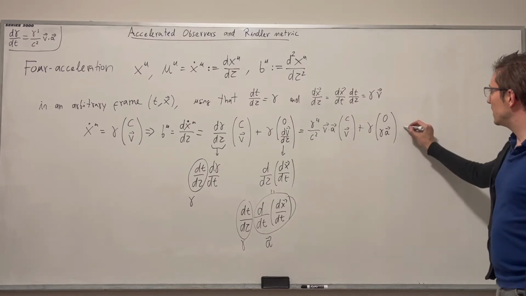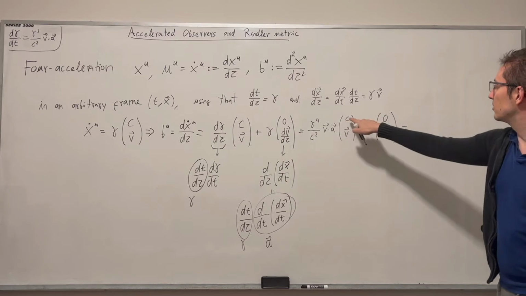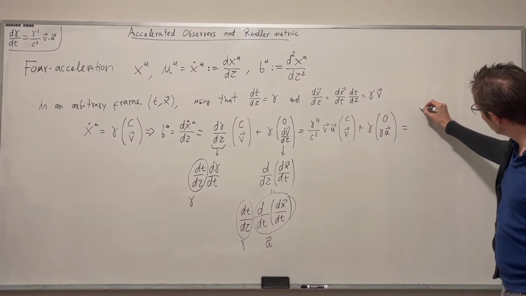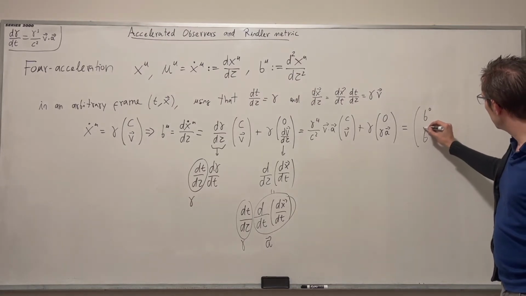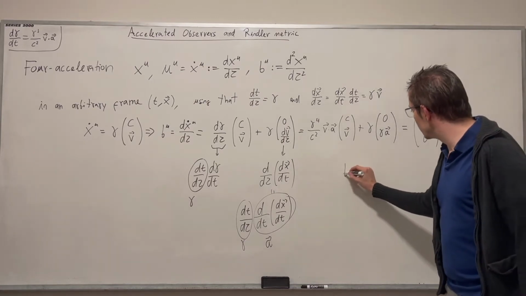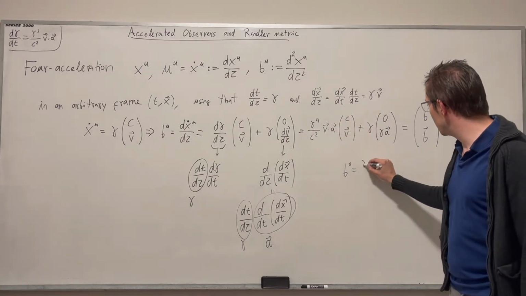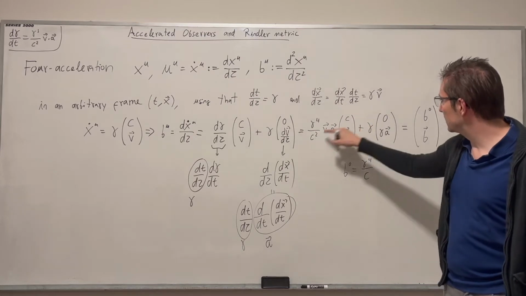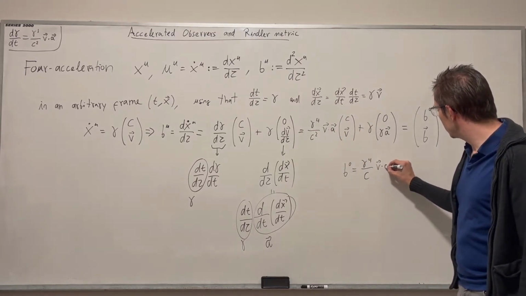All right, combining everything here, that gives me the total four-vector. Let's recall the zeroth component, and I'll write the two things here, right? So this is going to be b super 0 and the vector b. Let's write what b super 0 is. From the second term I get nothing, but from the first term I get γ to the 4 divided by c, because one of the c's is cancelled, times v dot a.